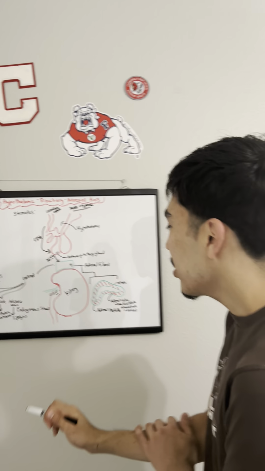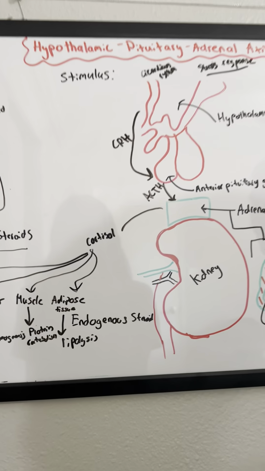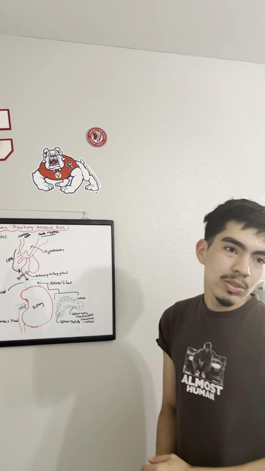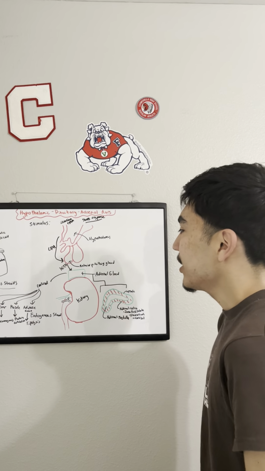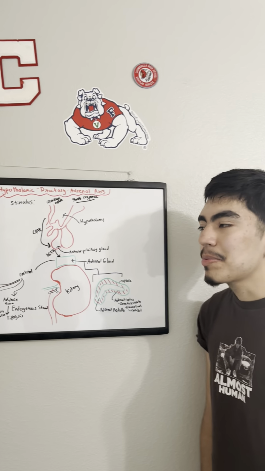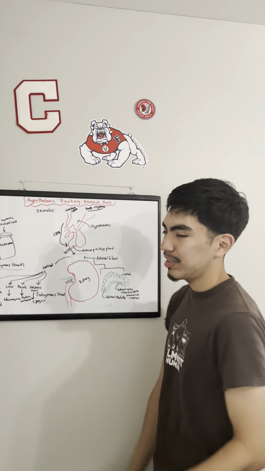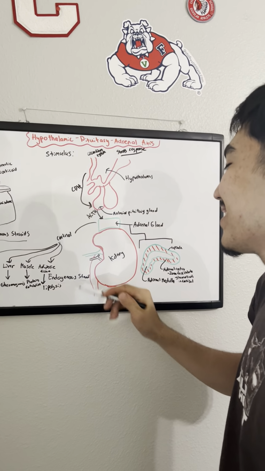Okay, and then we also have a target of adipose tissue. What that does is lipolysis, which breaks down lipids in the body to create energy. Okay, so what happens when we have too much cortisol? We have two kinds of negative feedback. One of those is from inside the body, endogenous steroids.